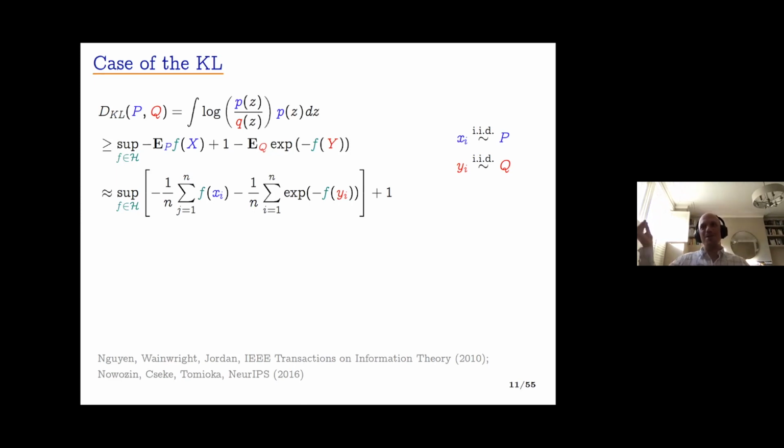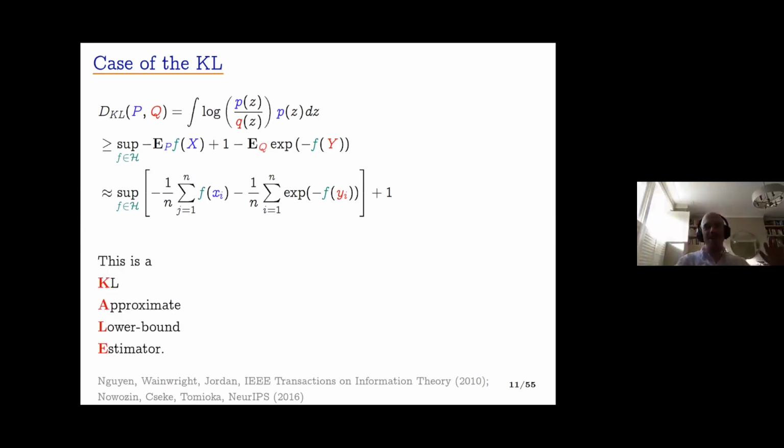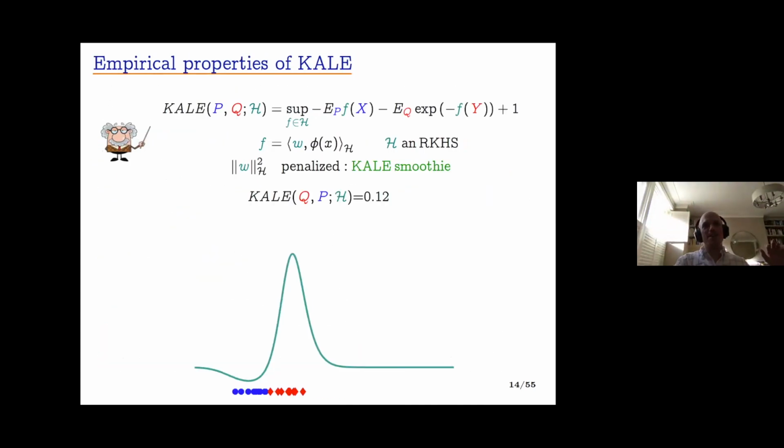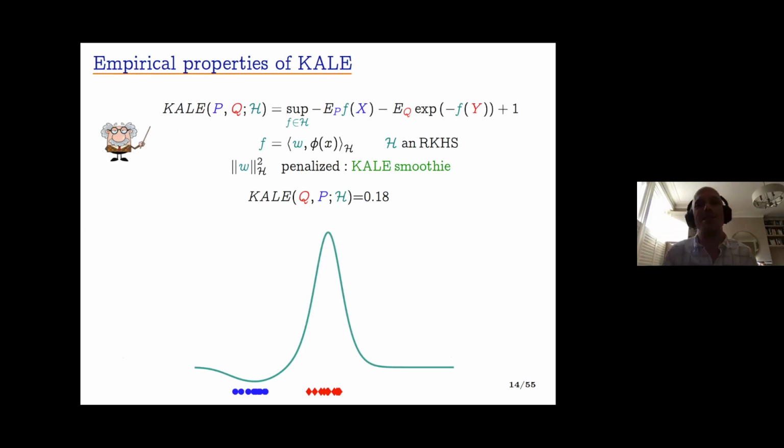It's going to be large where there are more red samples and small where there are more blue samples, as you can see on this plot. And so as an importance weighting function, which measures the mismatch between Q and P, this is still informative, even if P and Q have disjoint support.